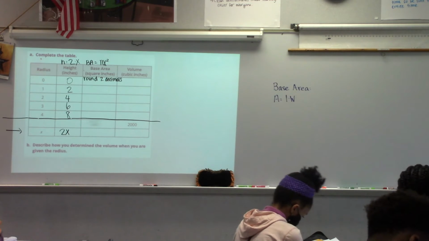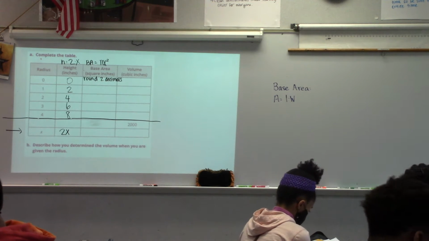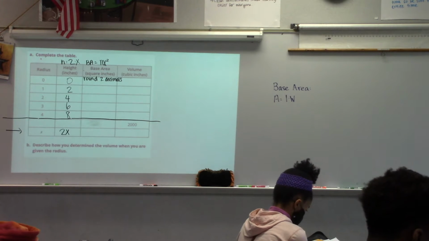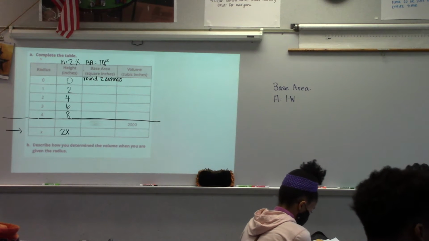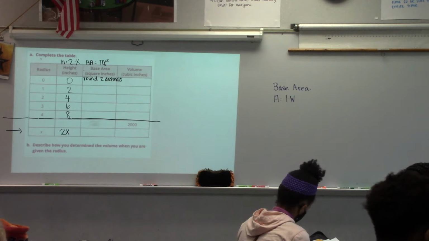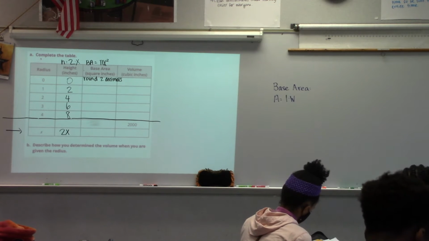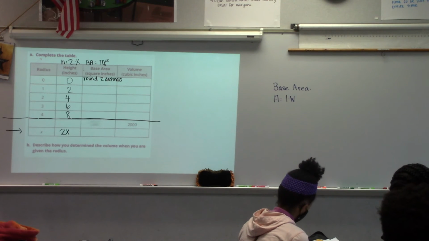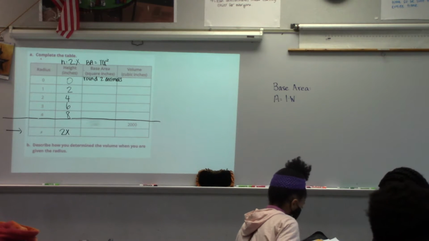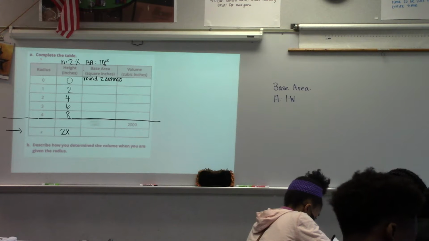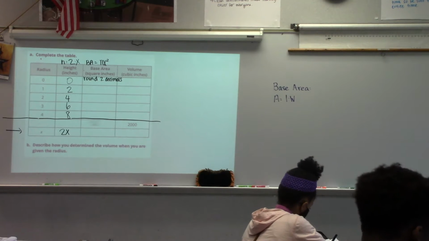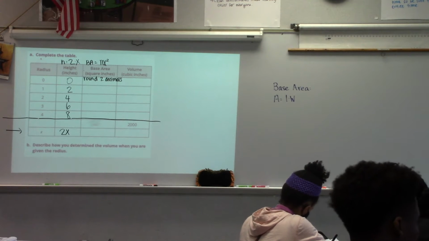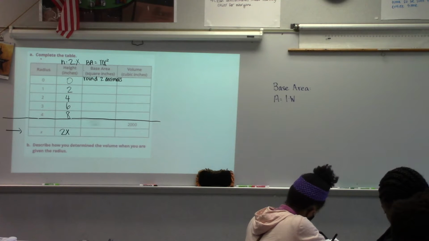Did you get 1.7? Okay, so skip 10, except this is not 5, so you have to use this volume to figure out what the radius is. You've got to work backwards. It doesn't follow that pattern.